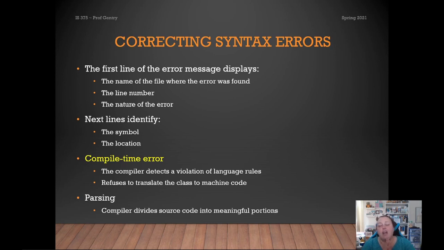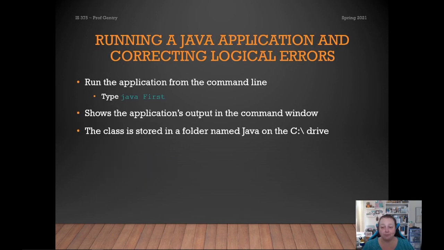Since these errors are happening during the compile, they're considered compile time errors and a violation of the Java language rules, and the compiler stops. So the compiler is going to parse the code, or break it up into smaller, more meaningful portions, in order to do the translation. The syntax error displayed will give you useful information regarding where to look in your code and what the error is going to be.